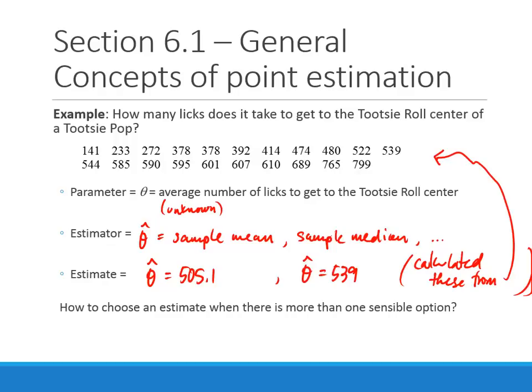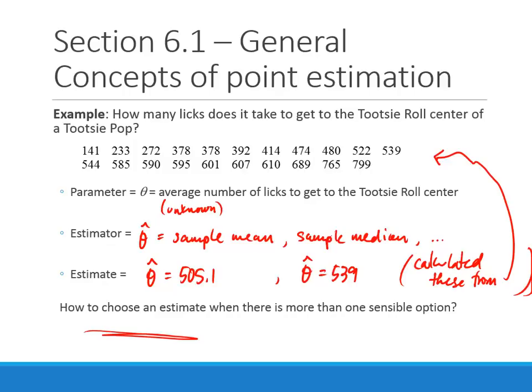Okay, so in this simple case, I have two possible choices for what the average, what the unknown truth here is about Tootsie Pops. I have two possibilities here, and I could have many more. Which one should I choose? So how to choose an estimate when I have more than one reasonable option.